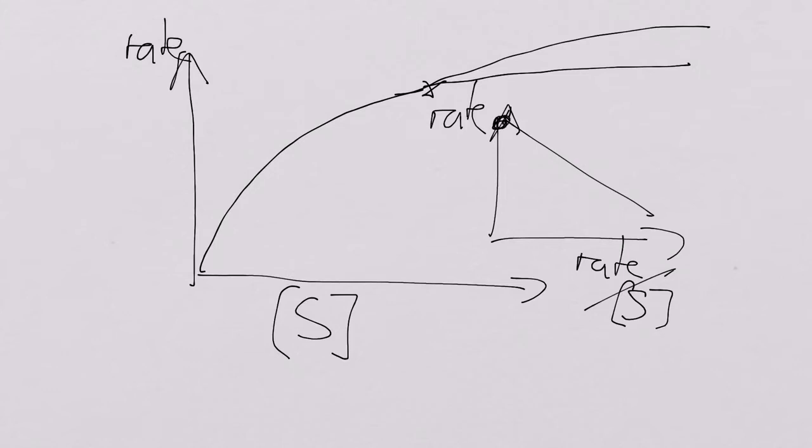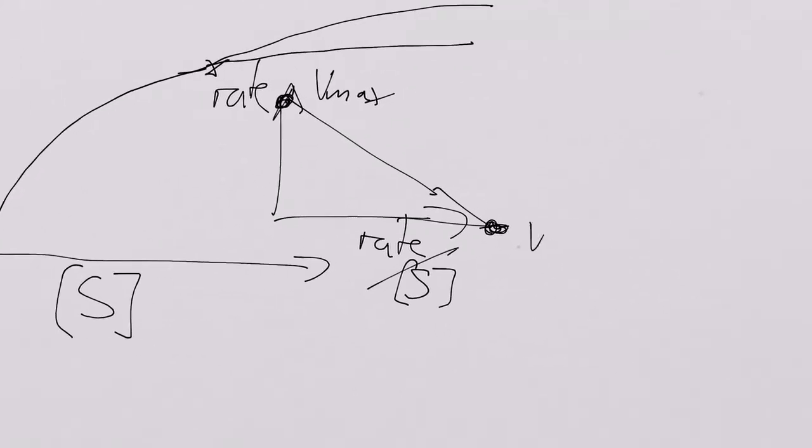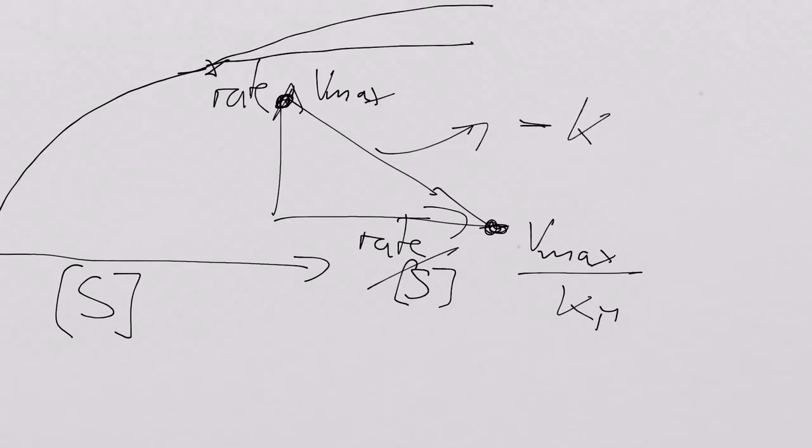This one gives you Vmax. This point here gives you Vmax over Km. And the gradient gives you minus Km. It's the best plot that you can use. Eadie-Hofstee plot. Google it. It's on my YouTube channel, by the way.